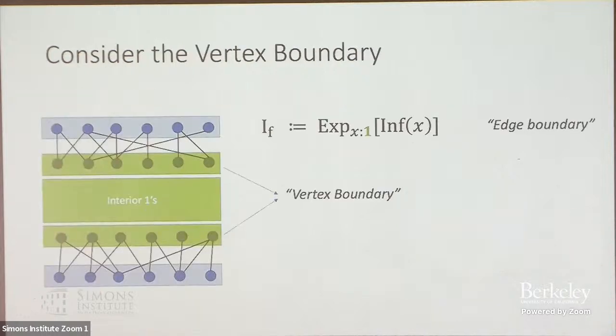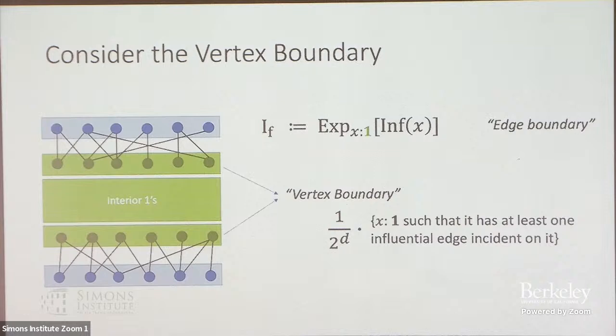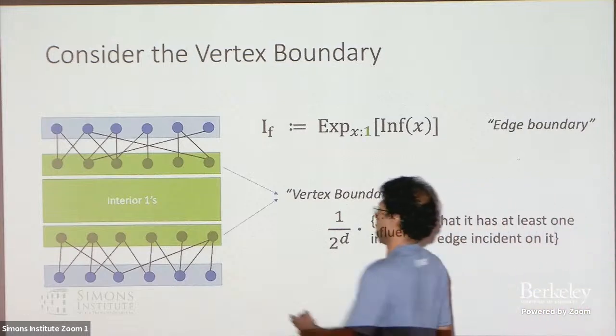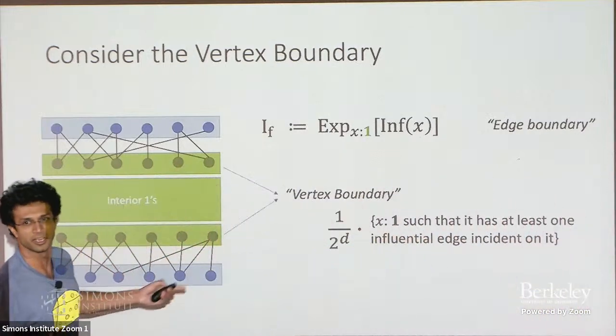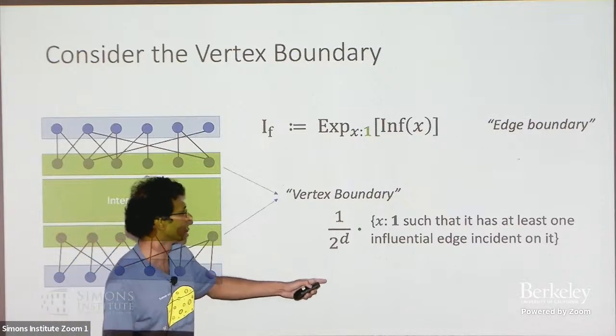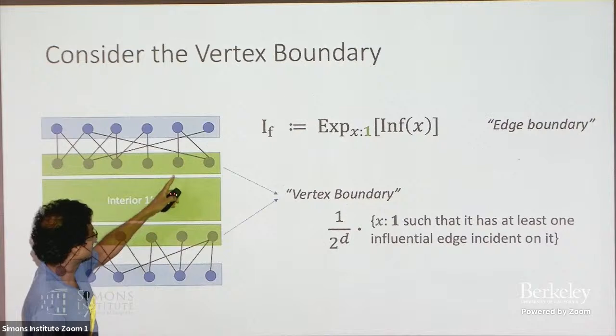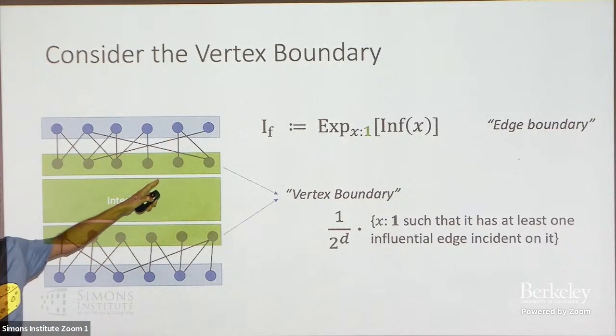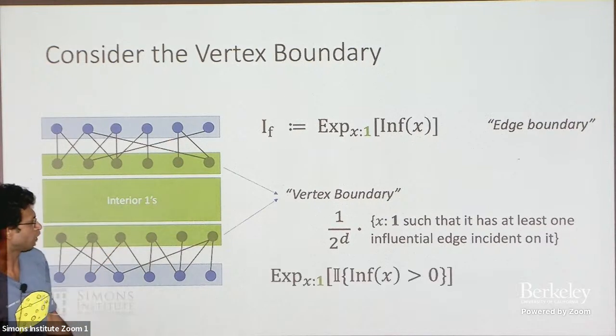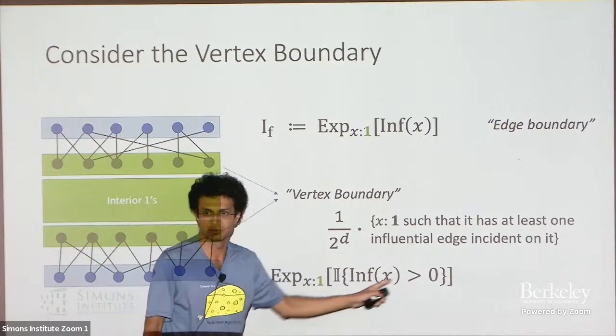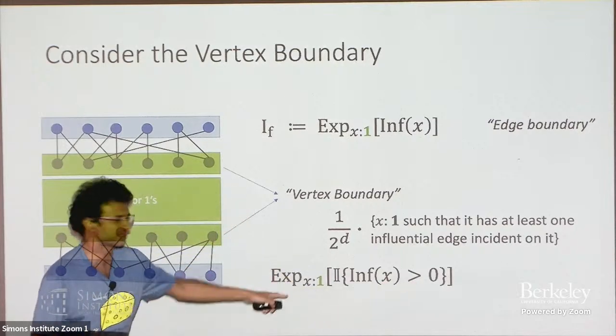Now, you can also look at the vertex boundary, which seems like an equally useful thing to look at. And so what is the vertex boundary? Again, the picture tells you what's going on. If you want a formal description, you look at all the x's which have a value of 1 and are incident to at least one influential edge. So formally, you're taking the indicator of the influence being greater than 0, and the expectation of that.